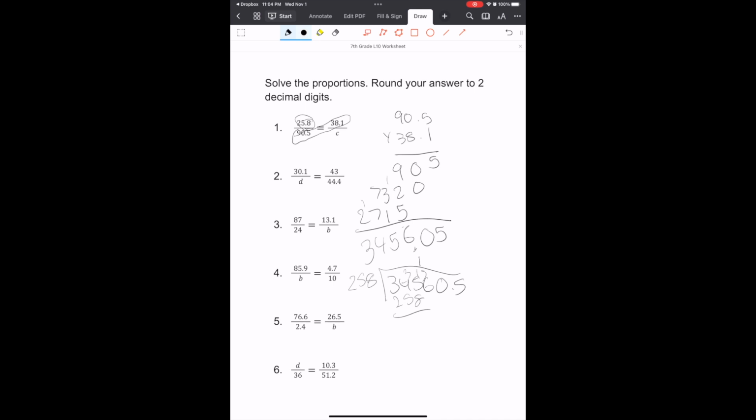For the rest, since this will take too long, just plug it into your calculator and you should get 133.65. So C is equal to 133.65.